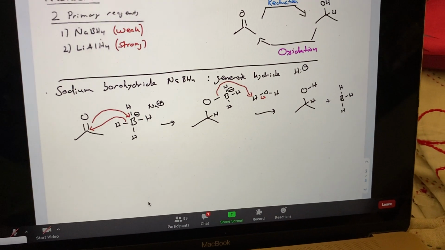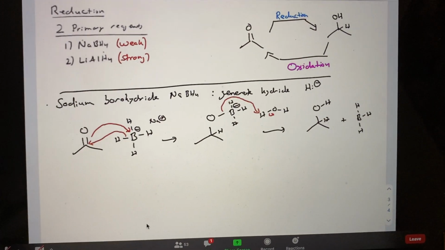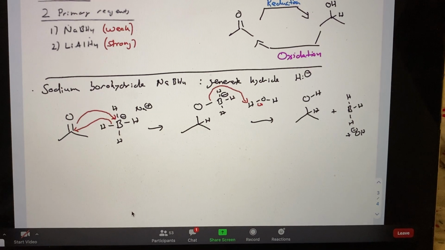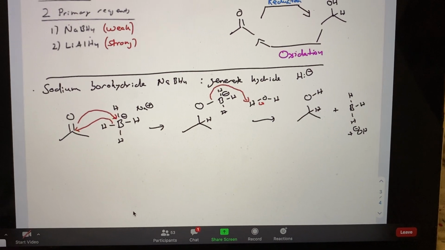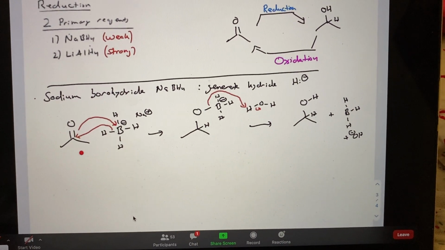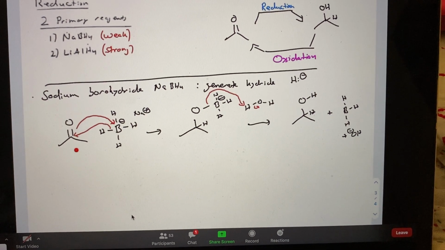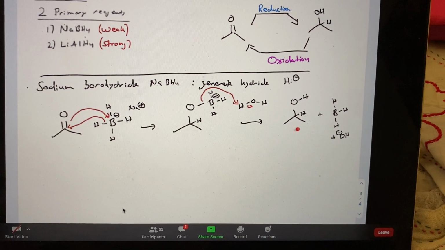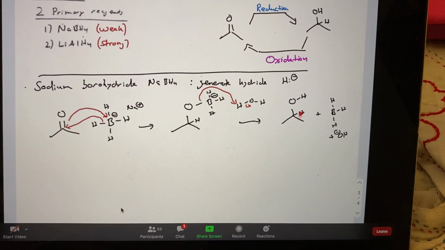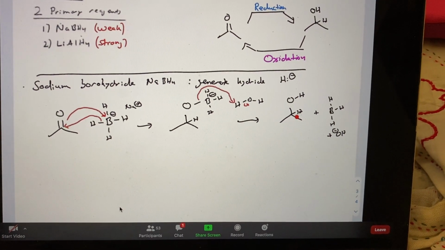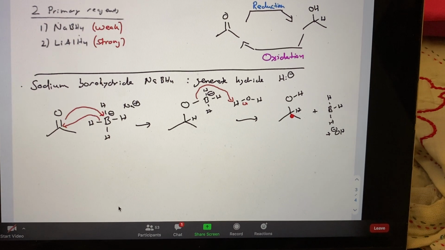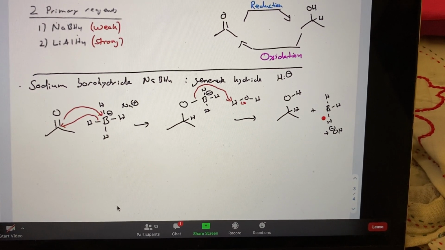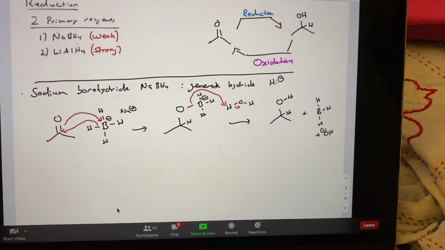So now, let's just balance everything out, hydroxide. So this is going to be the general scheme for a reduction reaction. We're going from a ketone, or an aldehyde, ketone is shown here, to an alcohol. And we're adding across that double bond to generate the reduced species, the alcohol. If something is reduced, something else is oxidized, and so it's the borohydride here that becomes borate here. That's going to be the oxidized species.